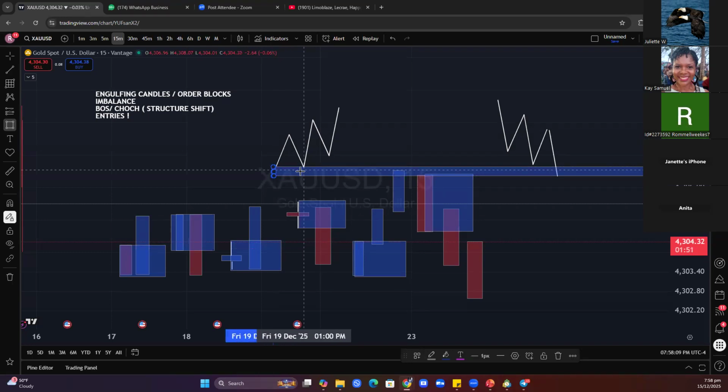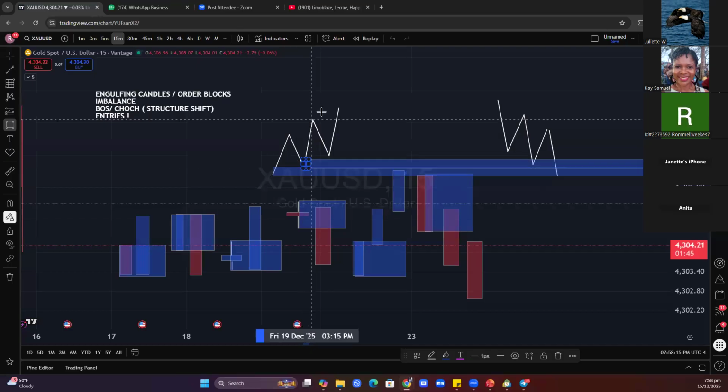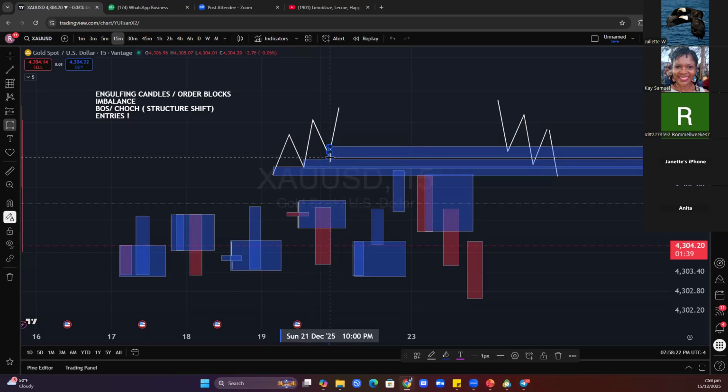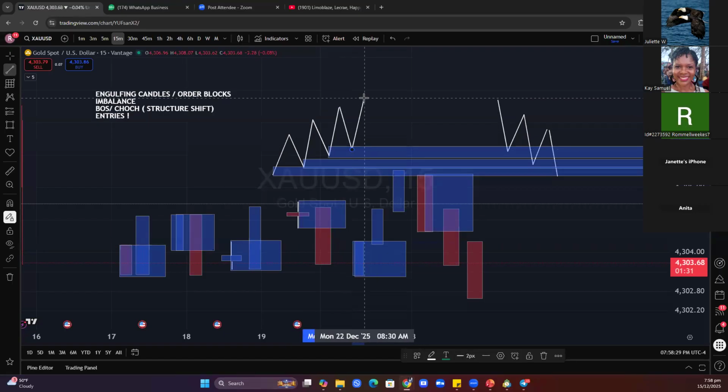We're looking for price to come back into that area, then we get the push. This may be your order block, looking for price to come back into the area, then we get the push. Once again, this may be your order block. We're looking for price to come back into this area, and then we get the push.